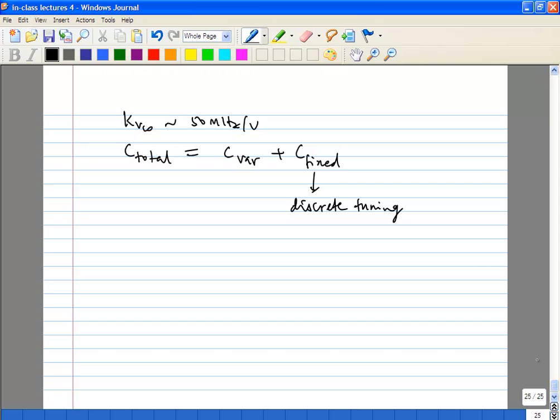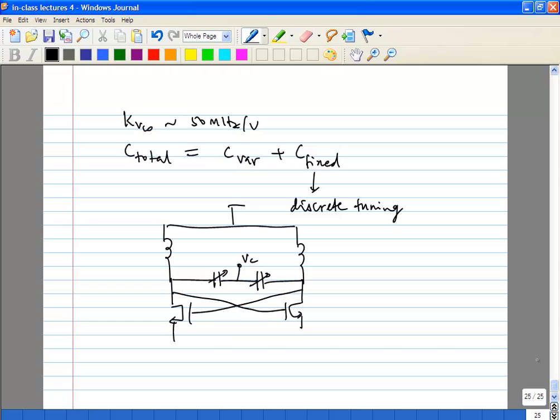What that means is, these varactors are going to be small, so you are going to use some kind of discrete tuning.